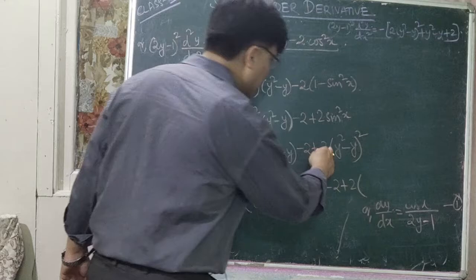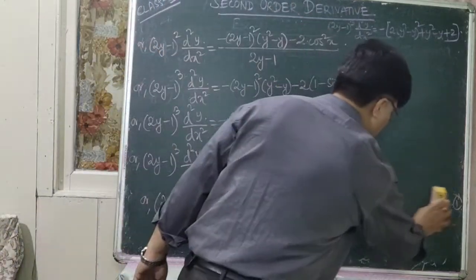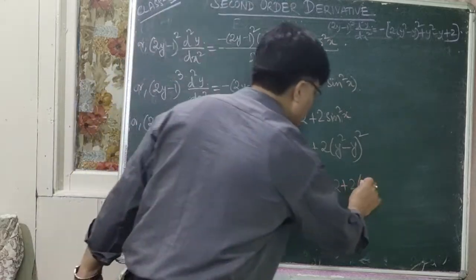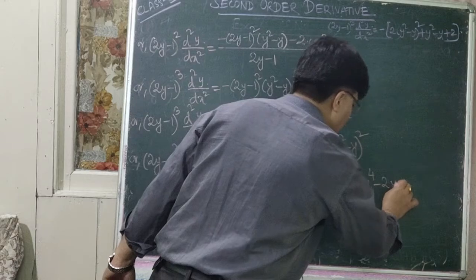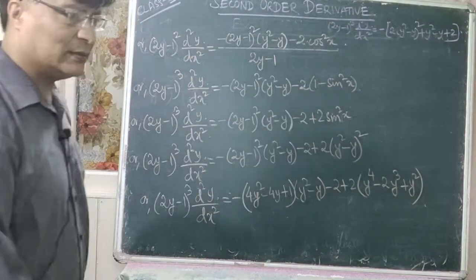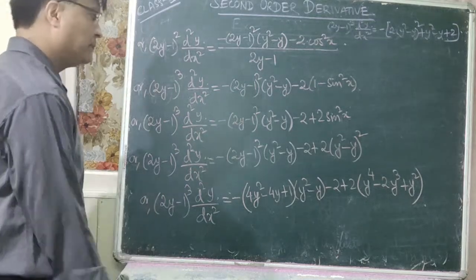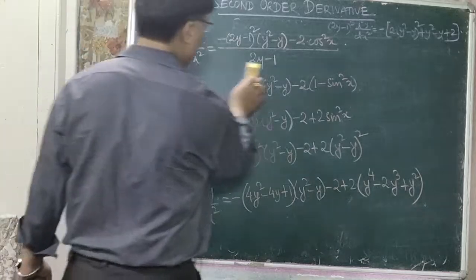So what is this form now? A minus b whole square again. So again, let us expand it. This is your y to the power 4 minus twice ab, that is twice y cube plus y square. Is that clear? Now let's simplify it further. We can simplify again the right hand side. You can multiply them.